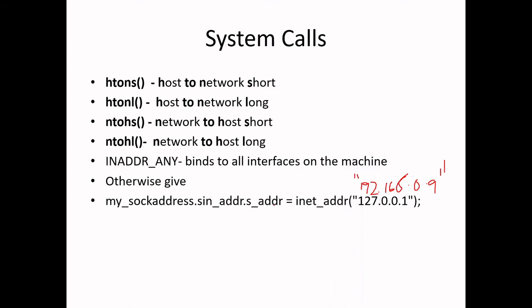So this also can work. Mostly you can do it this way instead of using INADDR_ANY. If you're working with both client and server on the same machine, then you can use this. Otherwise, if it is on different machines, you can use this format. You can give a valid IP here, and it will automatically convert into a 32-bit number and assign it.